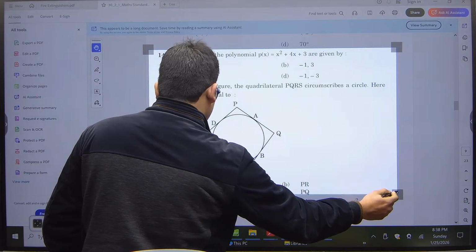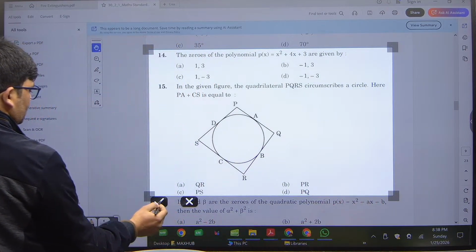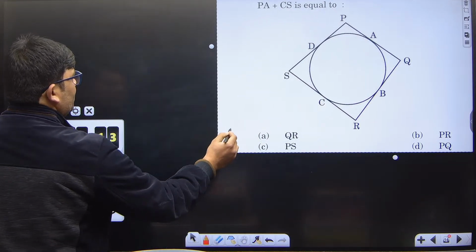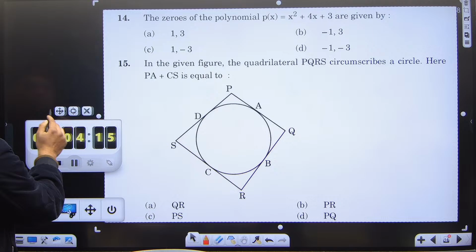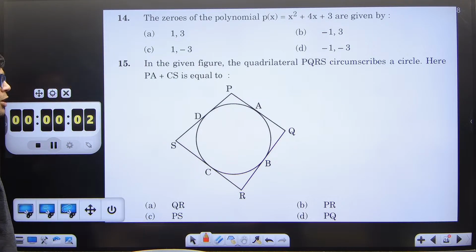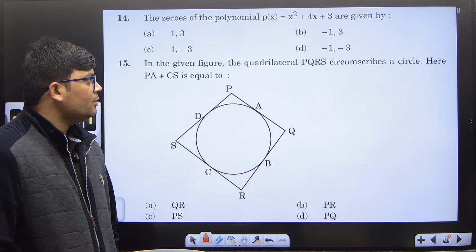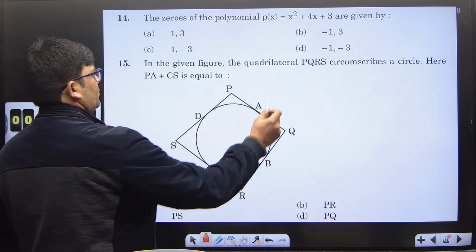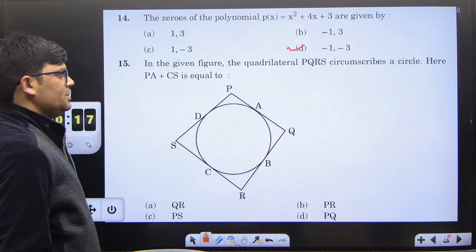Okay, we will take 2 questions at the same time. So the first question, the zeros of the polynomial. Multiple choice question, you have got a lot of options. Very easy. One person has said delta.